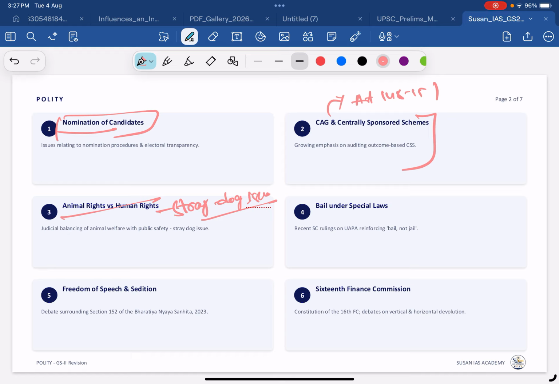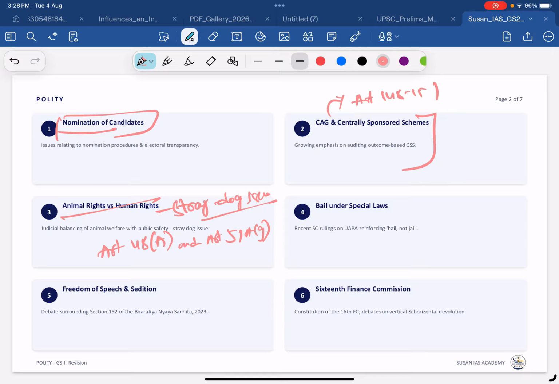Article 21, Article 48A, and Article 51A clause G, right? And the animal welfare framework, and also the Prevention of Cruelty to Animals Act, public safety with animal welfare, the role of local bodies in the stray dog issues, and what is the judicial approach. And one can write balanced policy solutions, right? So these animal rights with human rights dimensions have to be prepared.